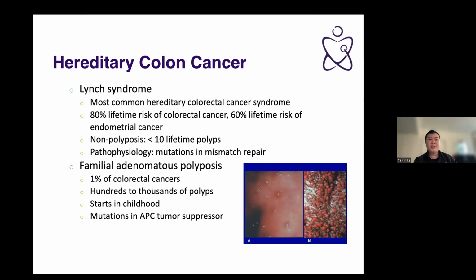Polyp formation begins in childhood, so about half of folks get polyps by age 15, and 95% of folks have polyps by age 35. And all the polyps will invariably become colon cancer if not managed, with a lag time of about 10 years. And it's caused by mutations in the APC gene, which is a tumor suppressor.